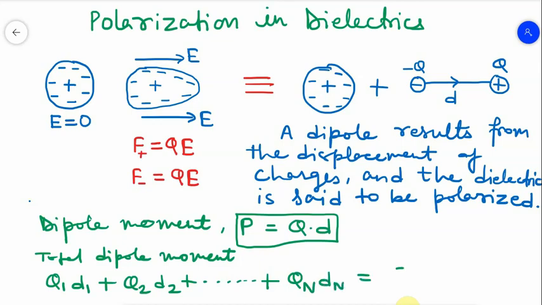This is given by the sigma of Qk dk, where k equals 1 to n. So for the system of n dipoles in a volume del V of the dielectric, the total dipole moment due to the electric field is given by this.